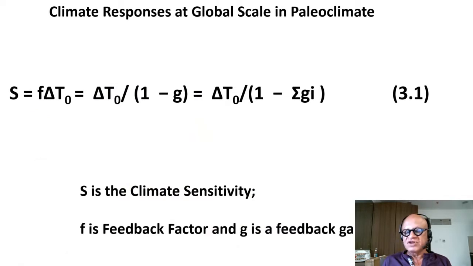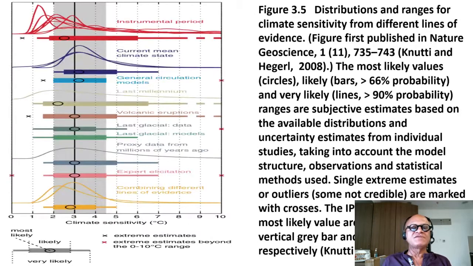Okay, this is in a very simple way, and we have seen this before in another form, but essentially this shows that the sensitivities are not constant, which means that the feedbacks we will look at from the past are not all relevant for global warming. So we will have to find analogs which provide us some insights into what feedbacks could be most critical for global warming as we keep perturbing with fossil fuel burning.